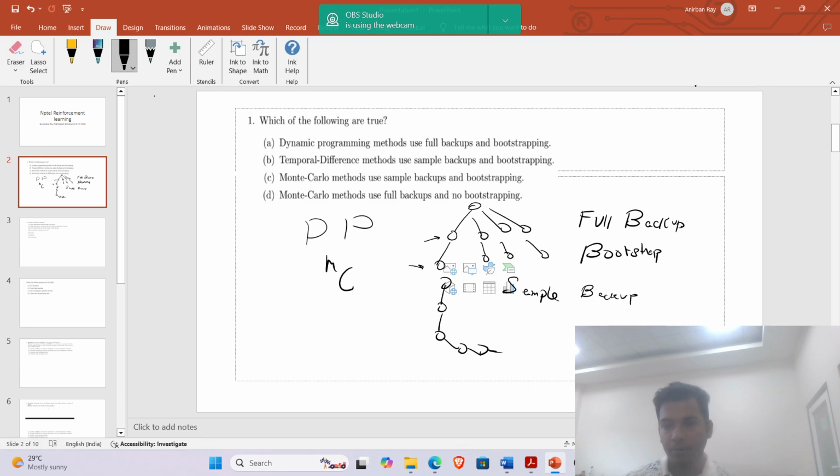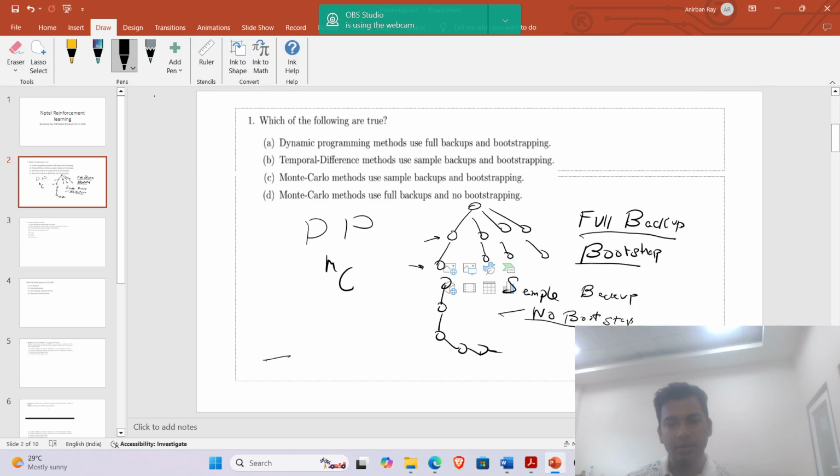Sample backup, and there is no bootstrapping here. In dynamic programming, first you store it, that is the most important component. Bootstrapping is that when you reach again you update the values, but in Monte Carlo there is no update of the values, so there is no bootstrapping.